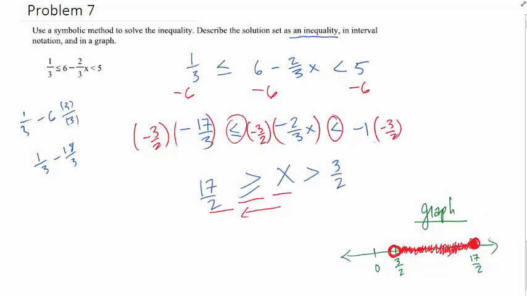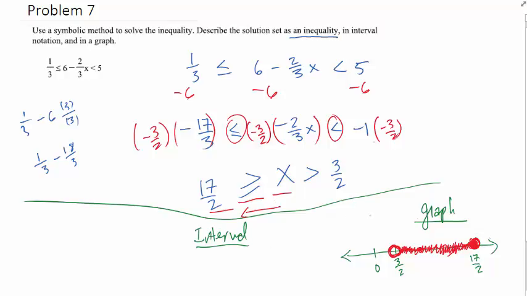How's that going to look with interval notation? Well, the interval notation would basically encapsulate the 3 halves and the 17 halves.